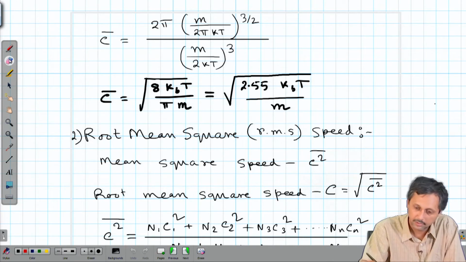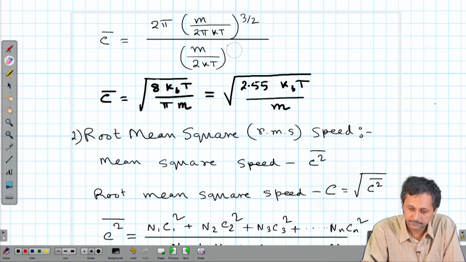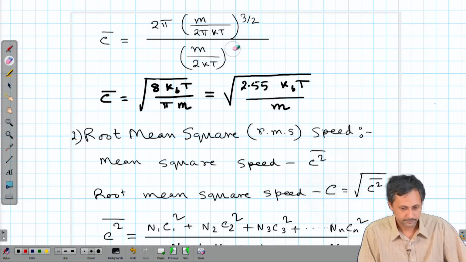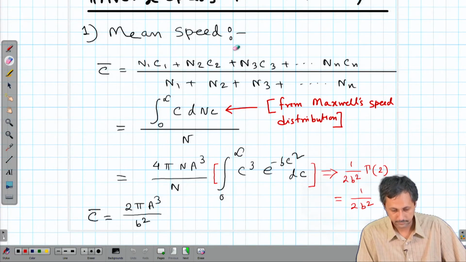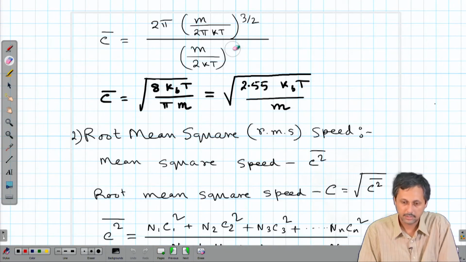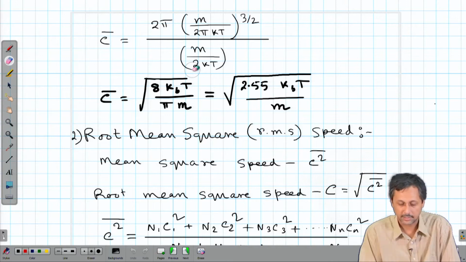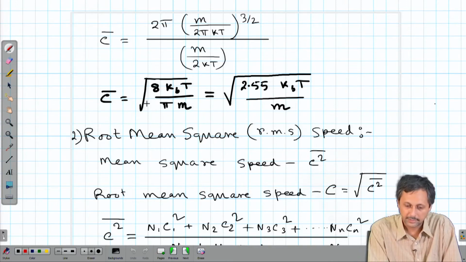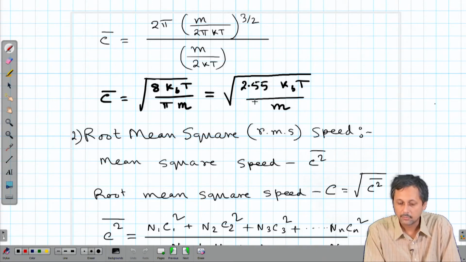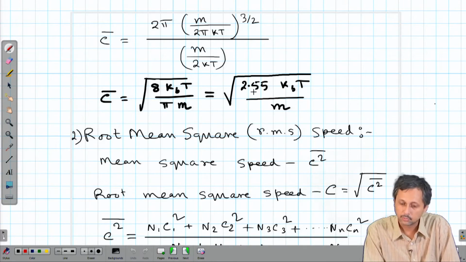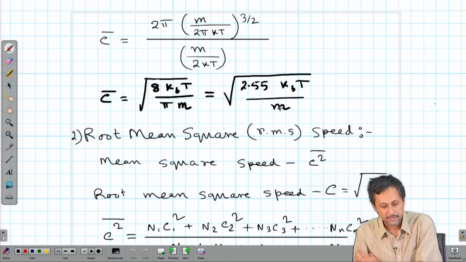Sorry, there is a small mistake here. Yeah, it will be simply m by 2 kT, and finally we have c bar is equal to root over 8 kBT by pi m, which once again, if we evaluate the factor 8 by pi, is nothing but 2.55 kBT by m. Right.